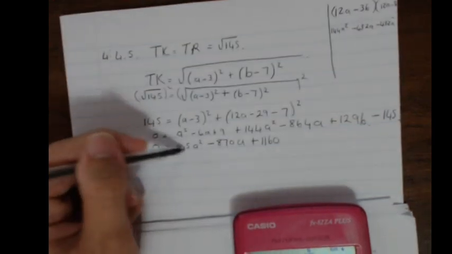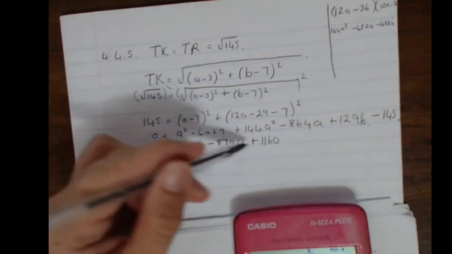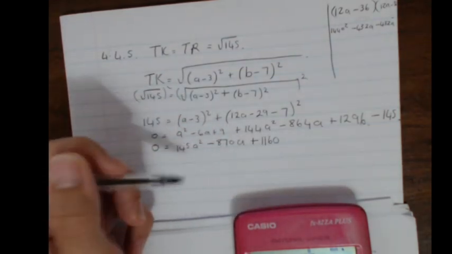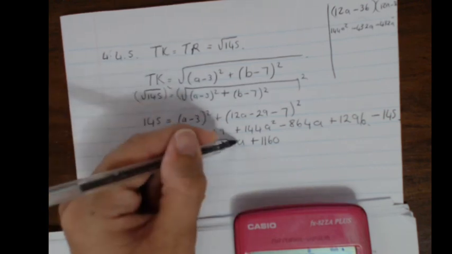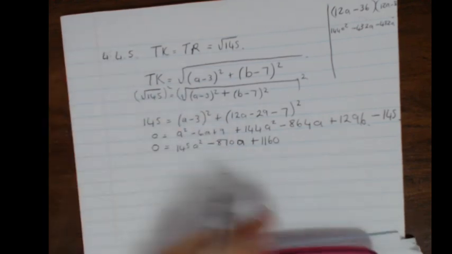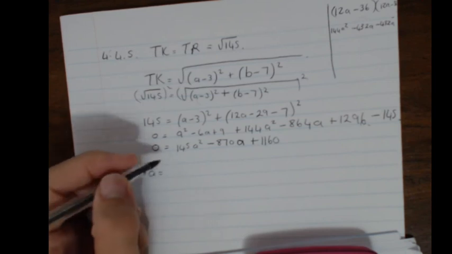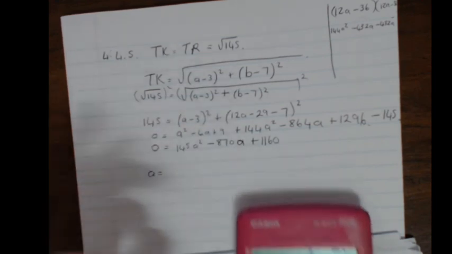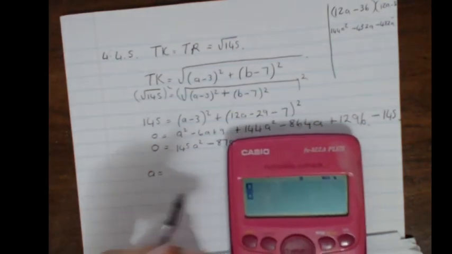Now I notice that all of this can be divided by 5. It might even divide by 15. You can simplify this a little before you try to factorize, but even so, I'm just going to use the quadratic formula. I'm not even going to bother simplifying this. You can write out the quadratic formula if you're not comfortable with it. I'm just going to type it in my calculator.